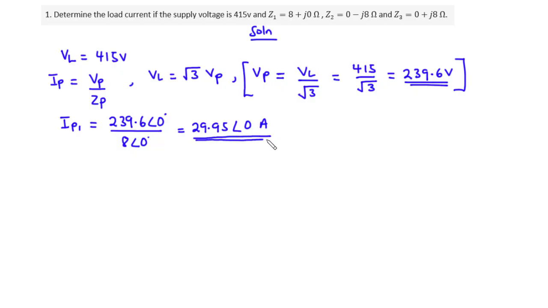29.95 polar 0. Now let's move on to the second phase, that is Ip2, and that is also equal to 239.6, and this time polar negative 120 degrees divided by the impedance Z2.